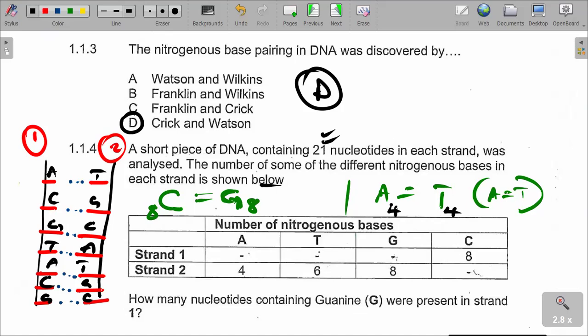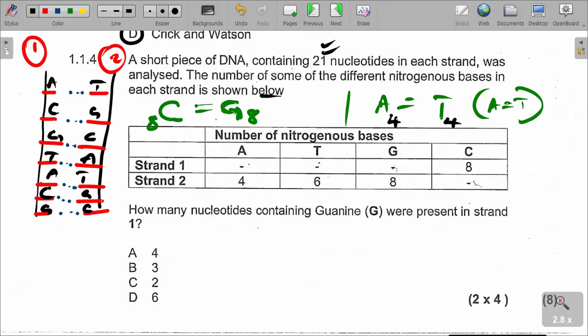So from this question that we are given here, it has to explain that we are given the number of nitrogen bases on strand 2. If, for example, the number of cytosine bases on strand 1 should be equal to G on strand 2 in terms of the base pairing rule.